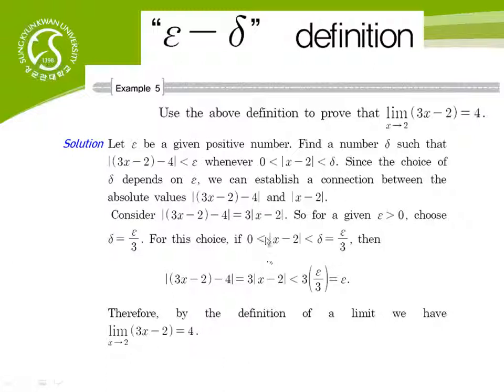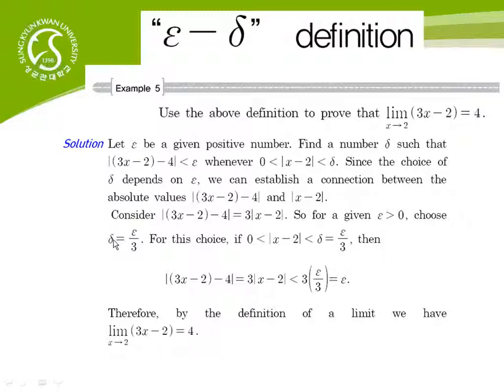In order for this to be less than epsilon when the absolute value of x minus 2 is less than delta, just choose delta small enough. Since there's a multiple of 3 here, you just divide by 3.